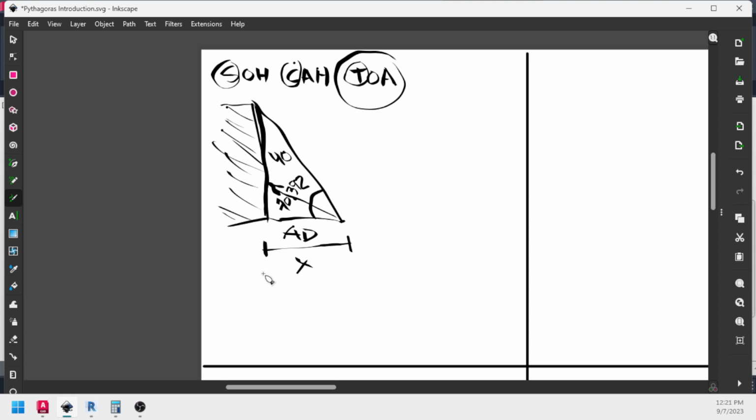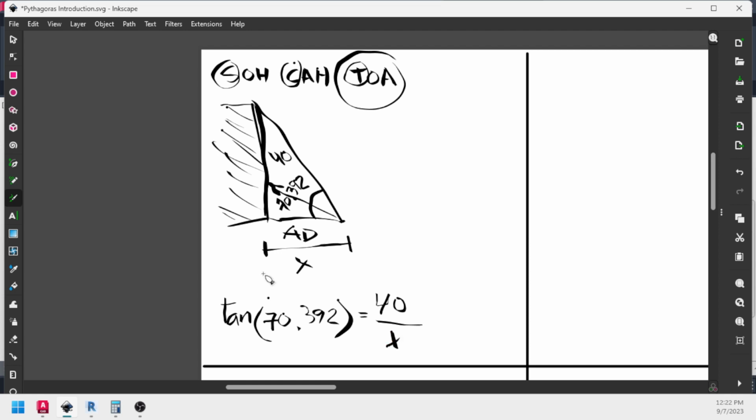And this formula says that the tangent of the angle, 70.392, is equal to the opposite side, that is 40 in this case, between the adjacent side that we are going to call x.